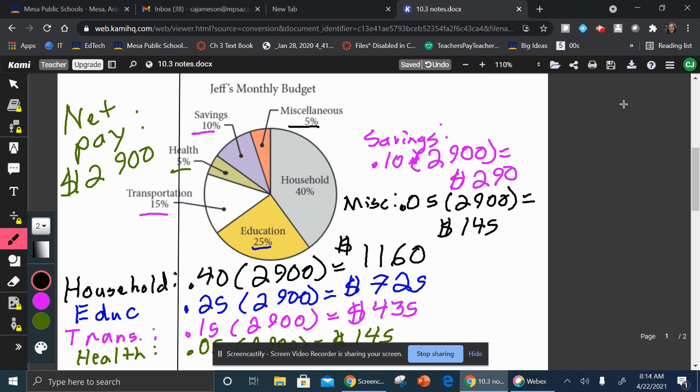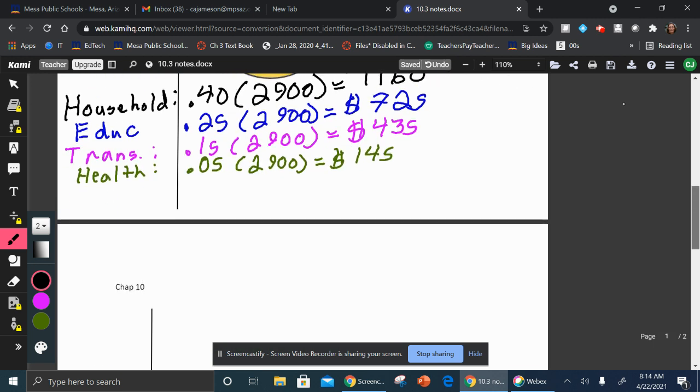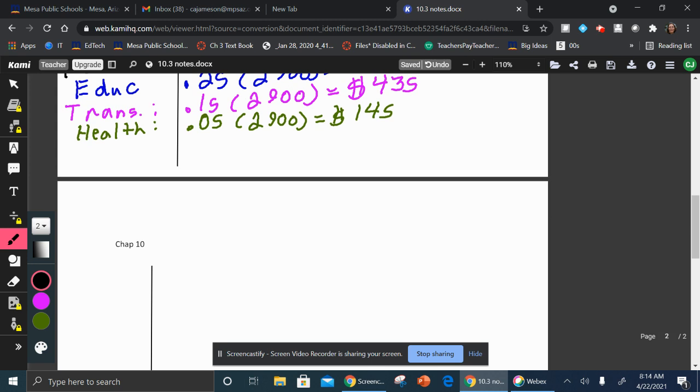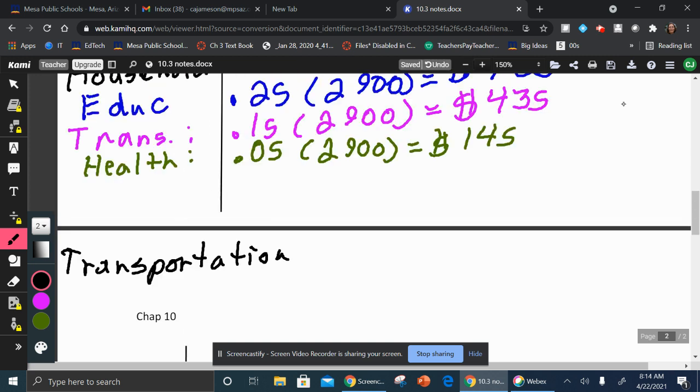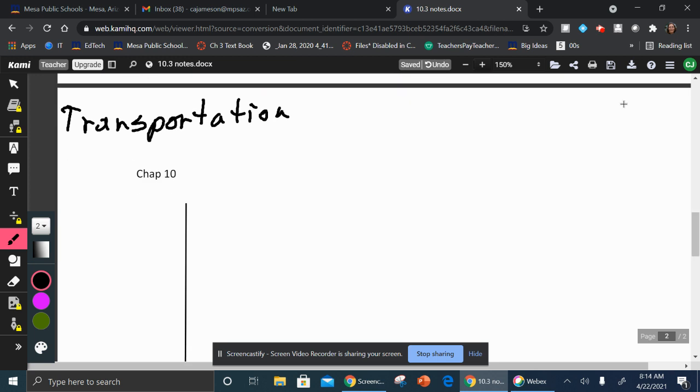Okay, what if we had another example, everybody, where it's a transportation budget, and we had a transportation budget of $800.